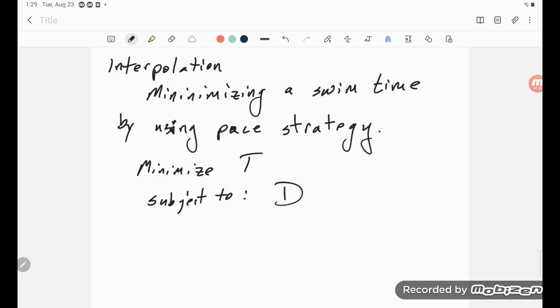But what's the distance? Well, it's the integral from 0 to the end of our race, the time there, of our velocity, or our pace. Okay, so we had that. In our pace, we probably shouldn't go backwards. So, we wanted the pace to be greater than or equal to 0.